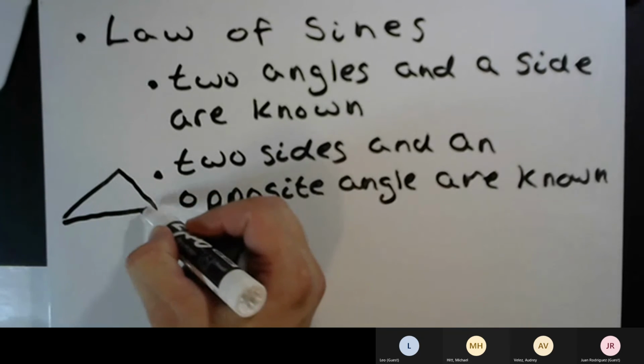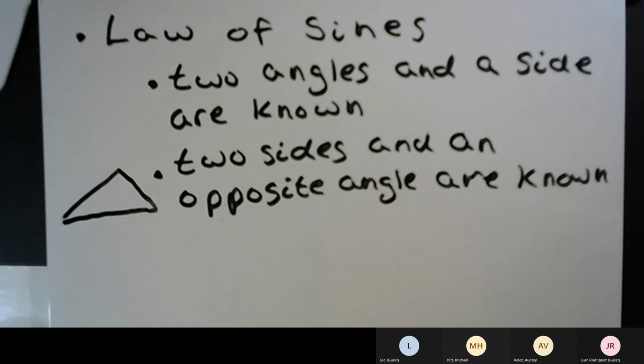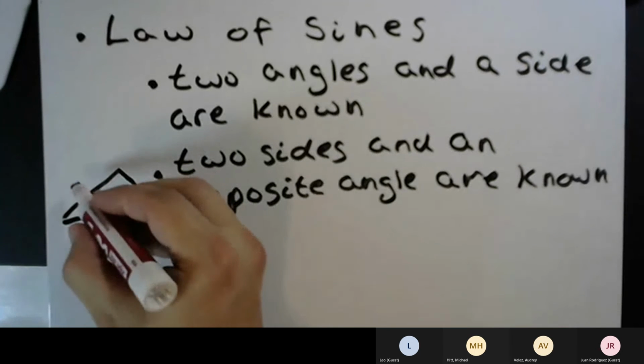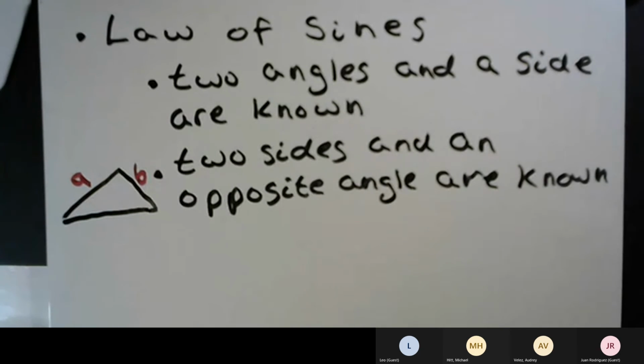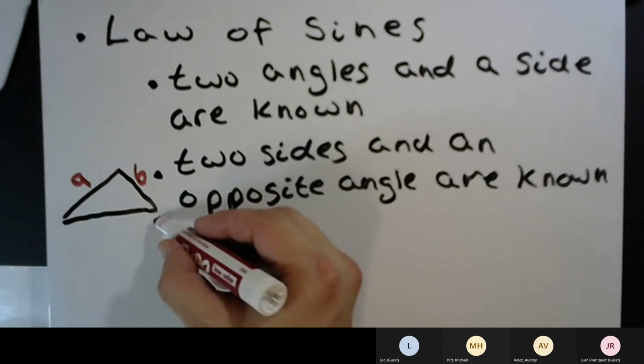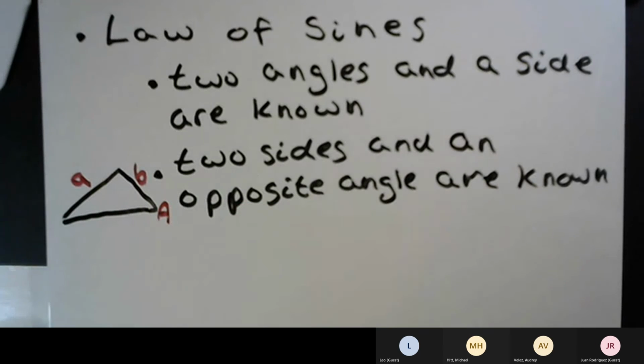So this might look like there's side A, side B, and an angle opposite one of these sides.